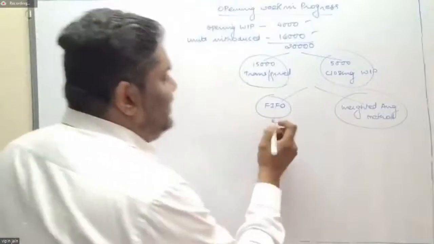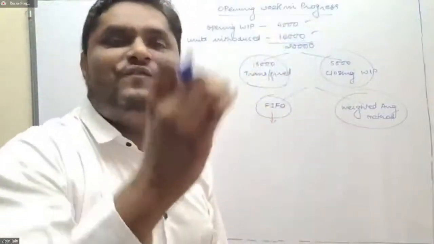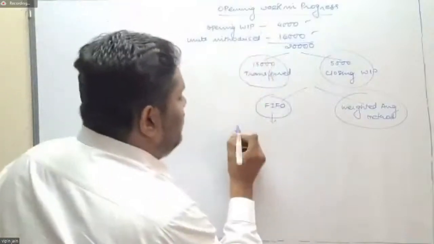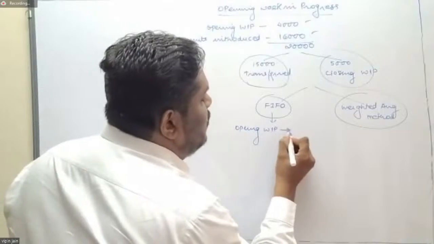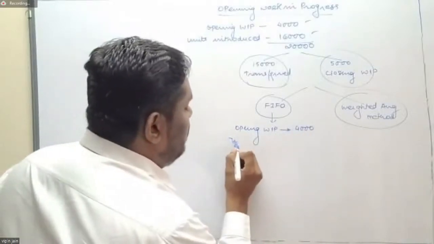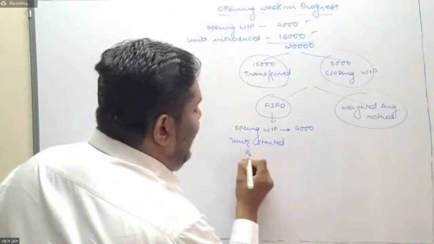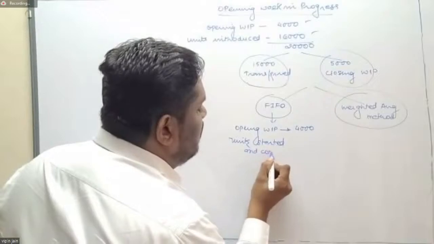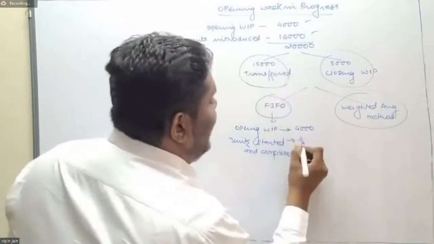If it is the FIFO method, we'll assume FIFO is first in, first out. So it means from opening work in progress, 4,000 units will be processed and transferred, and units started and completed will be from the balance 16,000.